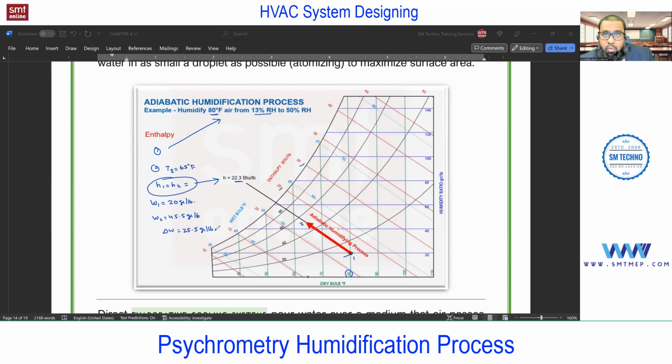So what will happen? The room air will extract that moisture. In the previous case, we added steam, which is hot moisture, but here there is no hot moisture, it is the same temperature moisture. We are just spraying, which means we are not adding heat. Because of this, you see the temperature is decreasing, na?